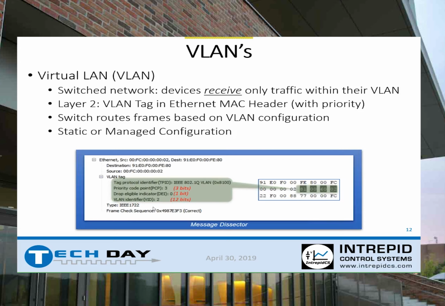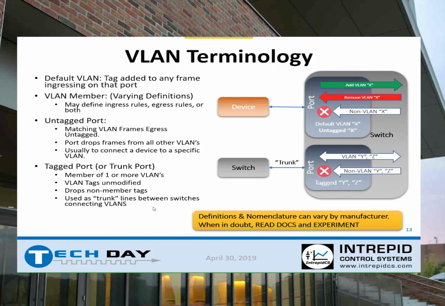And this can be static, where you go into the switch and statically define these VLANs, or there's a protocol, multiple VLAN registration protocol, which allows devices connected to a switch to request belonging to that VLAN. So VLAN terminology.